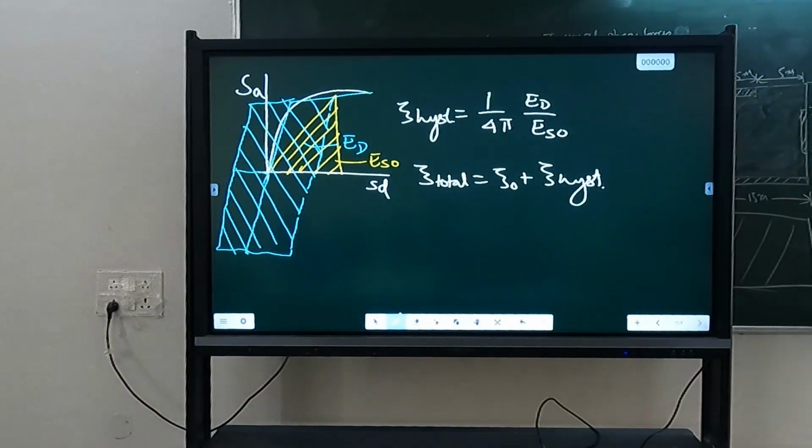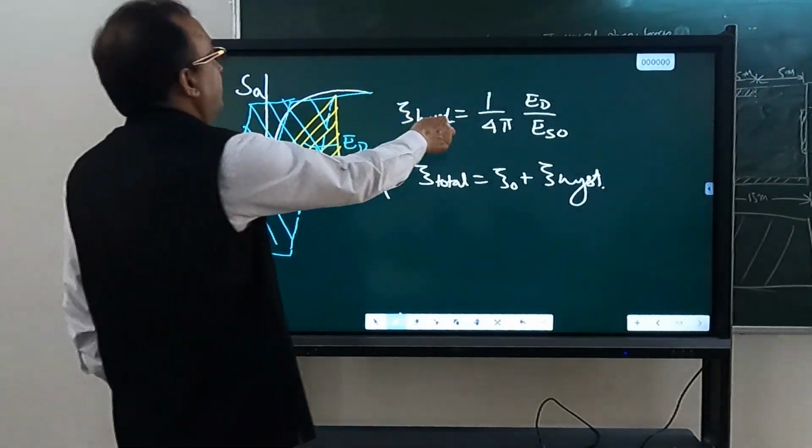TB over TS is not always greater than 1, check it, you can see it. Can it be less than 1? But do not forget that 1/4 pi is also there.